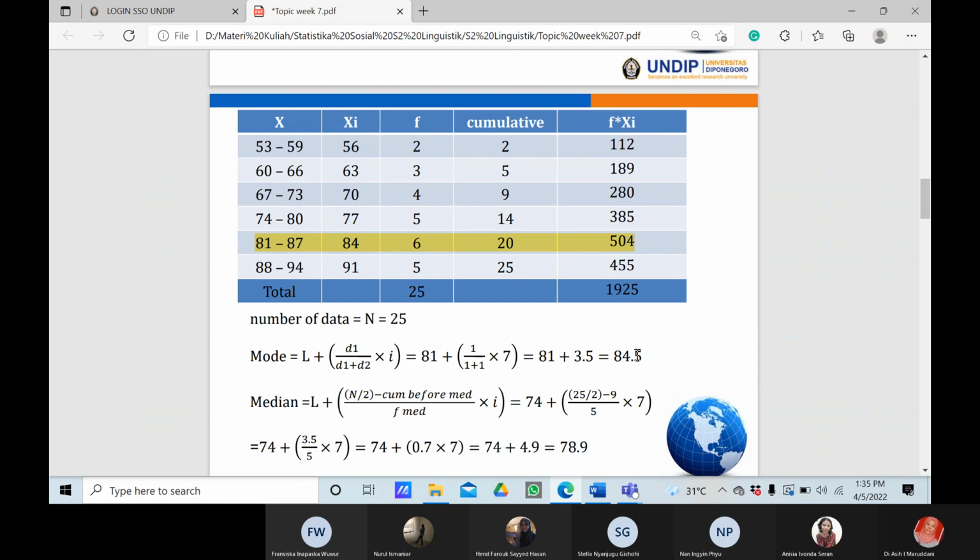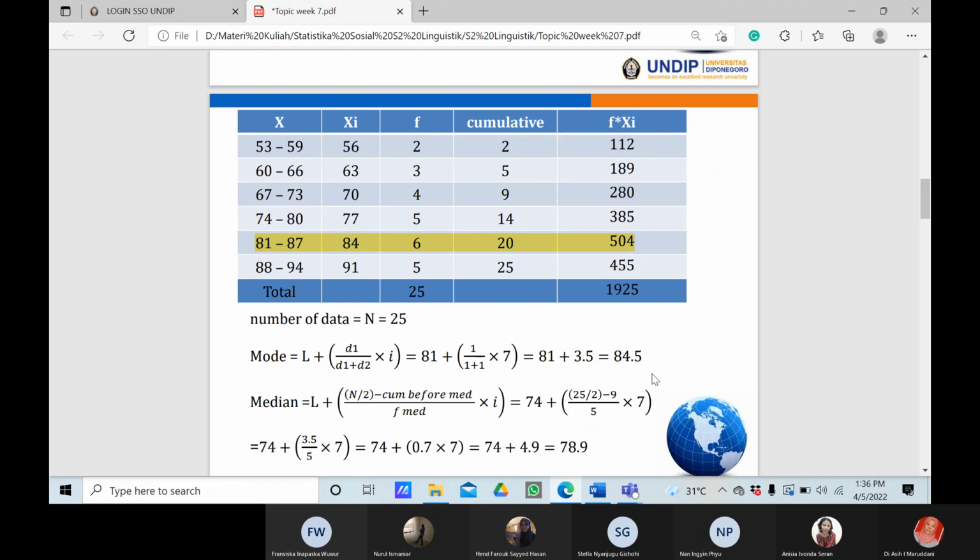Then the mode will be 84.5. I hope you have no difficulties with this calculation. Is there any question about the calculation of the mode? No, ma'am, no question.